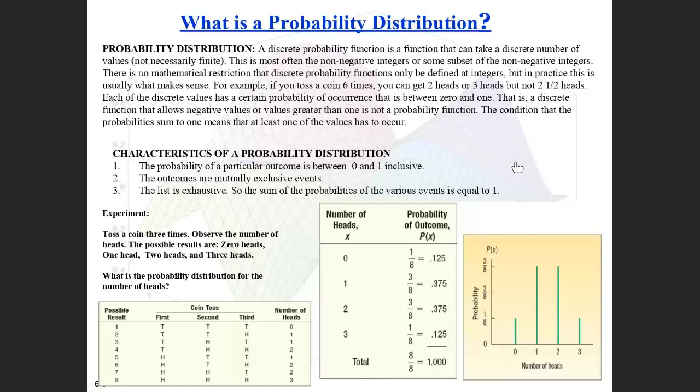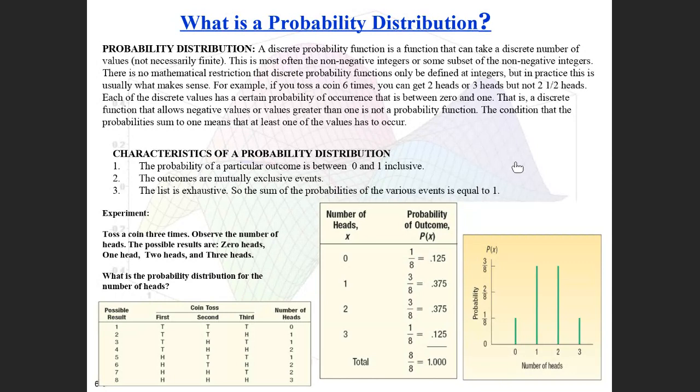A discrete probability function is a function that can take a discrete number of values, not necessarily finite, so it doesn't necessarily go to infinity. It's most often non-negative integers, remember. So it does not include 2.6, 10.5.